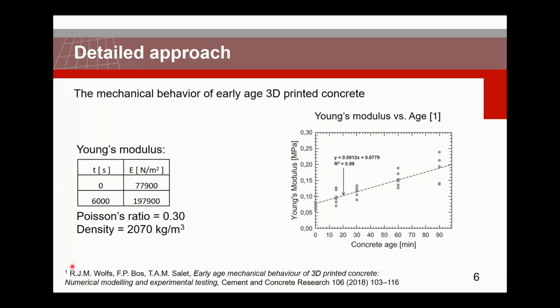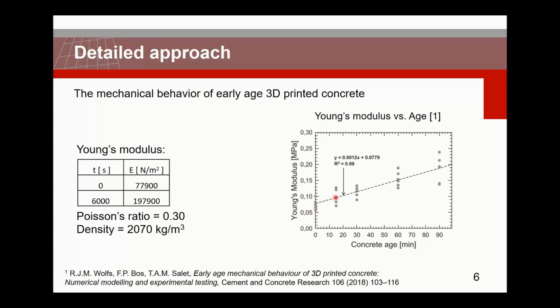In the article below by Rob Wolfs, Early age mechanical behavior of 3D printed concrete: numerical modeling and experimental testing, they have done quite some testing on early age behavior. On the right side, you see a graph from that article. It is the Young's modulus versus the concrete age. And as you can see, there's a linear relationship between those two.